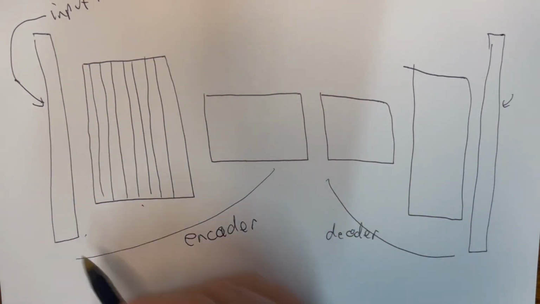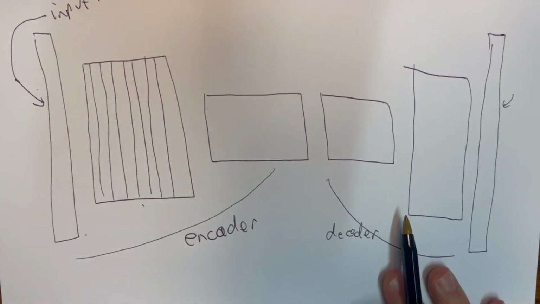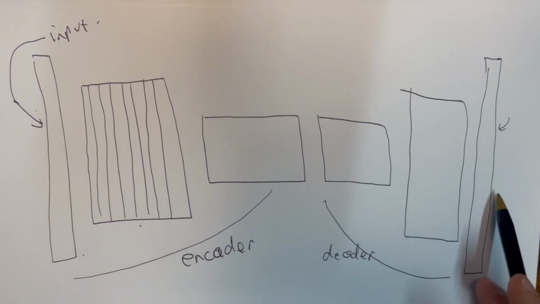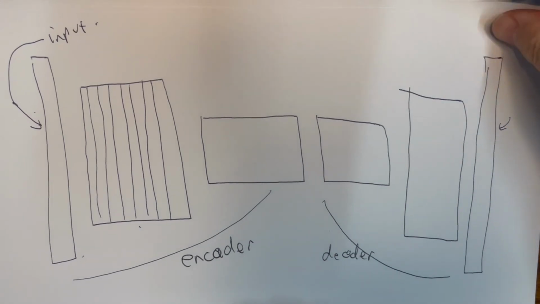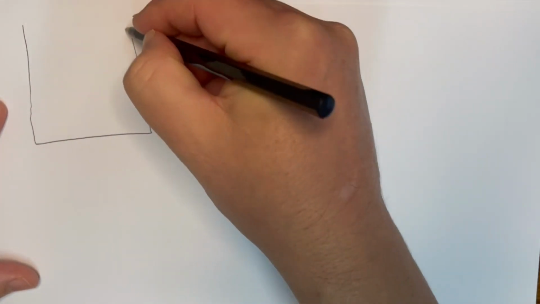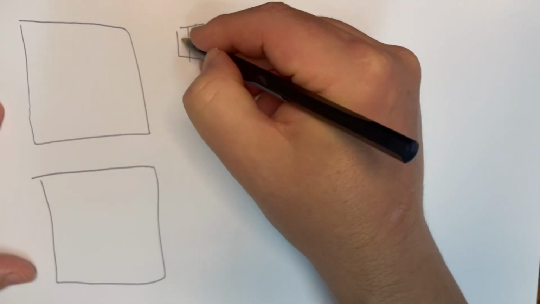My input is my stereo image, and my output, which I've trained here, is going to be my ground truth disparity images. So in my case, I've got my two stereo images, one here and one here, and then I've got all my convolutional filters.